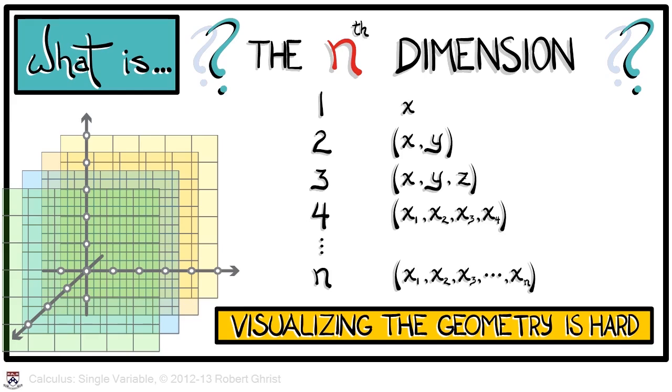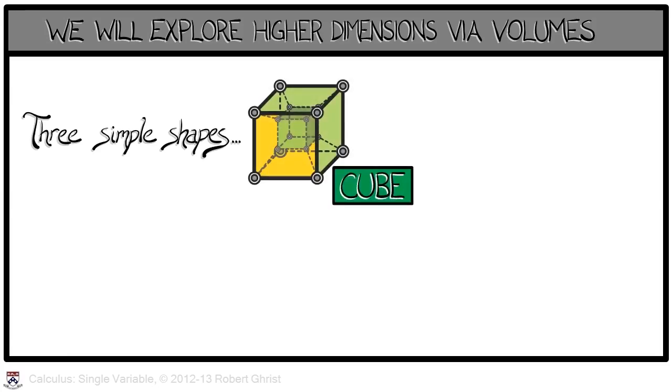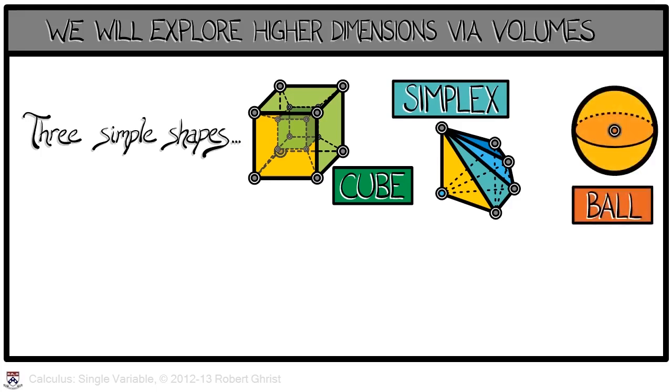Now, drawing pictures in the nth dimension is hard. Therefore, we're going to proceed by exploring through volumes and shapes. Three simple shapes in particular: cubes, simplices, which are analogs of triangles or pyramids, and balls.